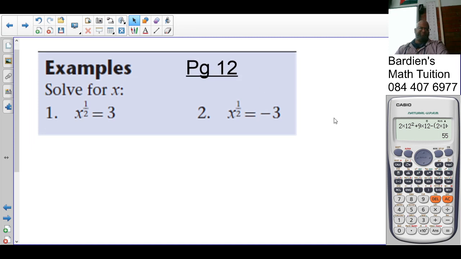Two sums there. So we've got x to the half equals 3. The question says solve for x. And also we have x to the half is equal to negative 3. Try and solve those two sums quickly. Now pause here.